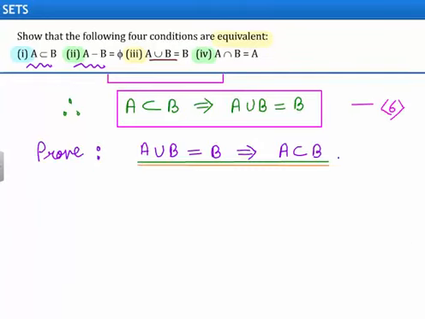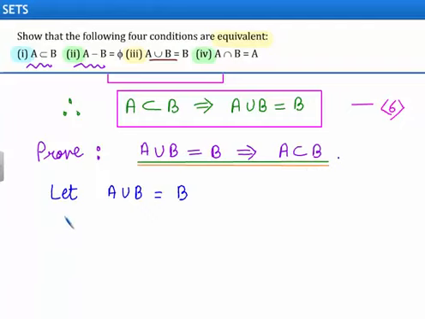Now we have to prove that A union B is equal to B implies that A is a subset of B. For this, let us assume A union B is equal to B. Now we will prove this by contradiction.